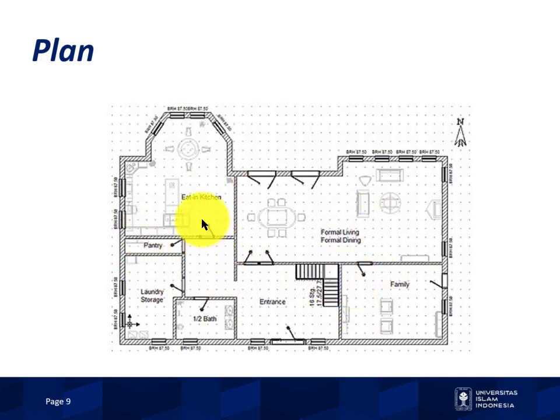If we have a building and our position is on the top of the building and we look at the bottom, we just look at the roof plan. But if we want to look at the interior of this building, we have to make a section plane horizontally in the middle of the wall. So we will have a floor plan like this picture.